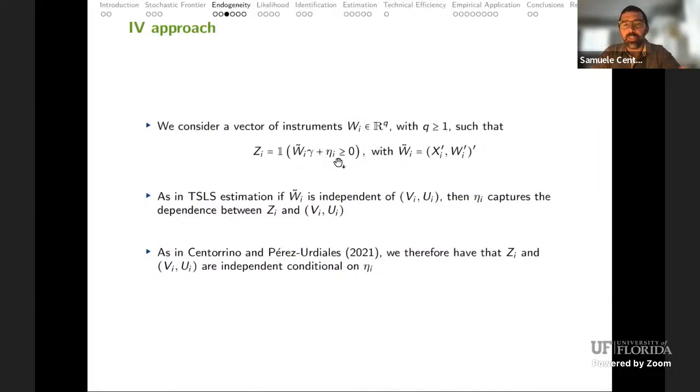And so we will refer to eta as a control function. Basically, it's a variable that if you control for it, then the dependence between the treatment and the error term will disappear. In particular, this implies that in statistical terms, if eta is the only route through which the treatment z is dependent on v and u, then we also have that z is independent of v and u once we control for eta. Okay, so that's basically what I have said before in different words.